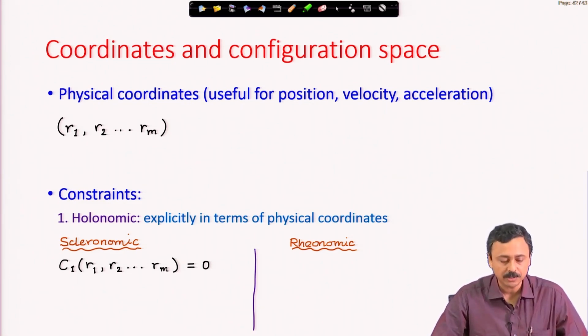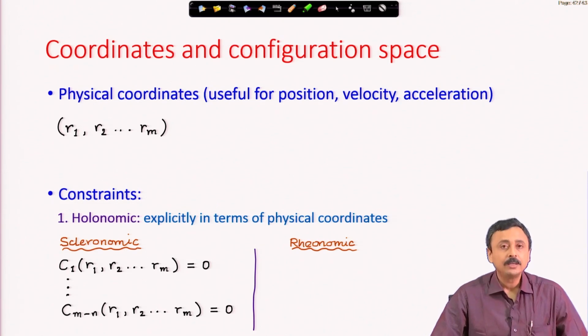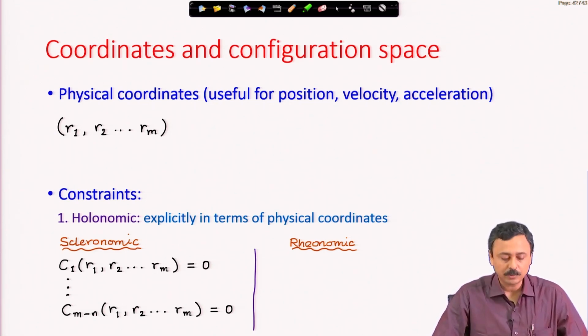There can be a number of these scleronomic constraints. When we say scleronomic, it automatically means it is holonomic. So, we can have, let us say, m minus n scleronomic constraints.